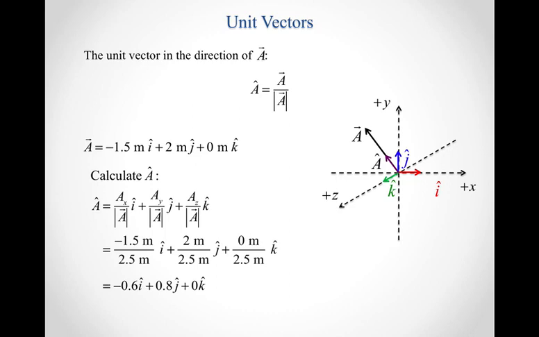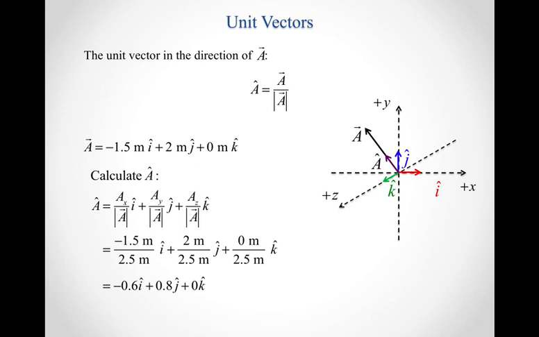So I'm going to take the x component for vector A, which is negative 1.5 meters, and divide by the magnitude of the vector, 2.5 meters. That gives me an x component for the unit vector of negative 0.6. Do the same thing for y. The y component of vector A was 2 meters. The magnitude was 2.5 meters.